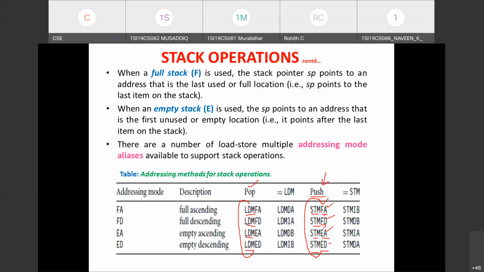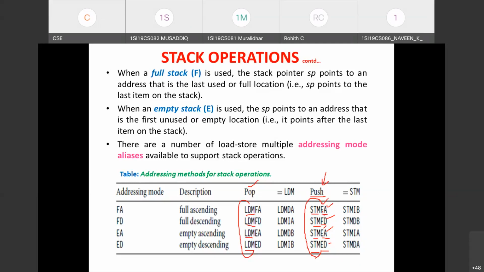So if it were to be full ascending, what do you mean by full stack? Full stack means, where will SP be pointing to? Are you all following?